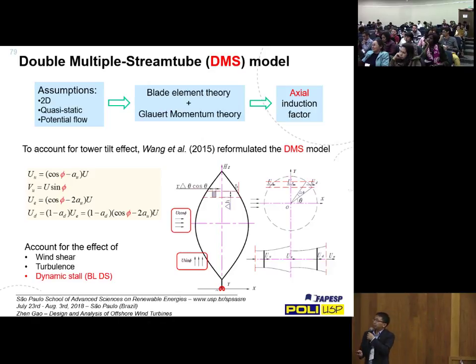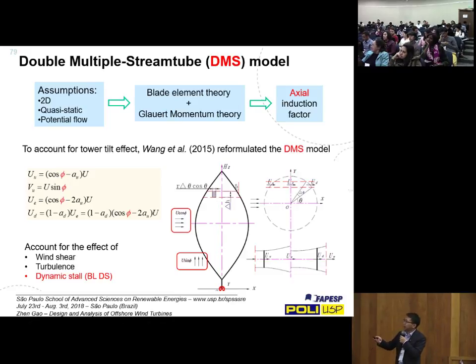The DMS model is that if we look at the Darrieus turbine from the top, you get this cylindrical element, and then you consider a main strip along this direction, that is the main wind direction, and then you use actually two actuator discs to represent the aerodynamic force along this one particular stream tube.